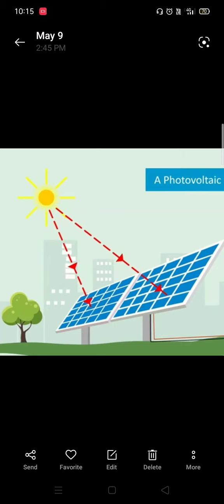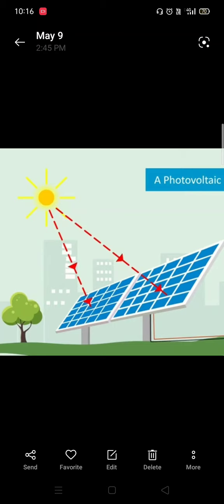When light hits the surface of the metal plate of the solar cell, electrons are ejected from the valence band of the n-type semiconductor and go towards the p-type semiconductor. There is a flow of electrons from n-type to p-type, so there will be a generation of electric current.